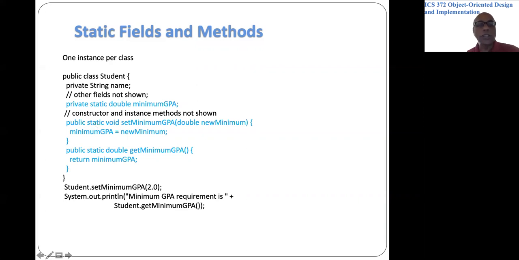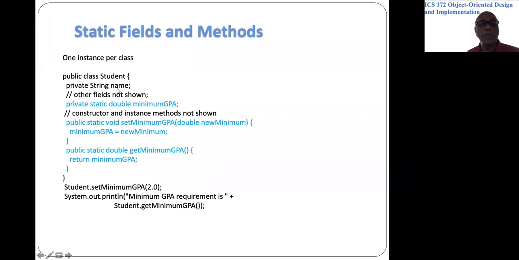So they are also static members. In fact, they are static methods. There is only one instance of a static field for any class, whether there are no objects of that class, or one object or 100 objects or 1,000,000 objects, it doesn't matter. There is just one instance of this. So this can be used to share information across objects.